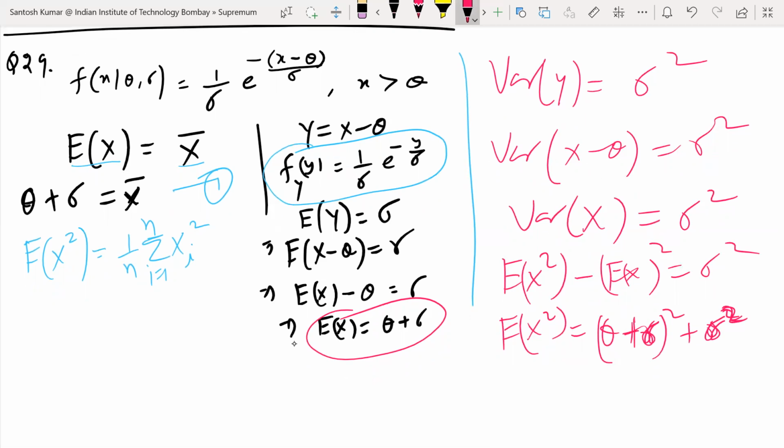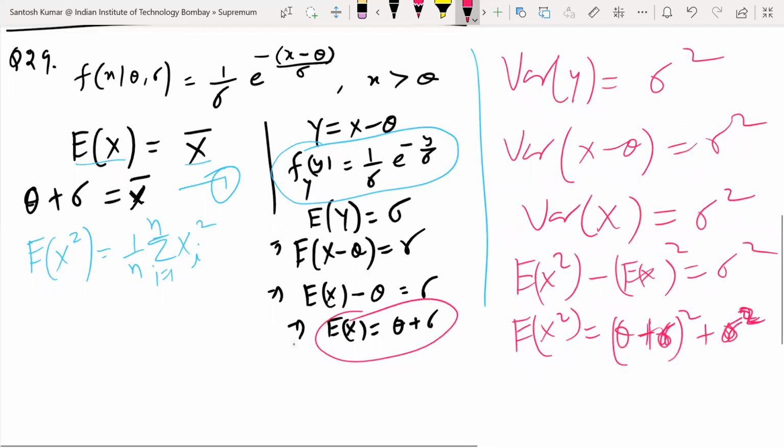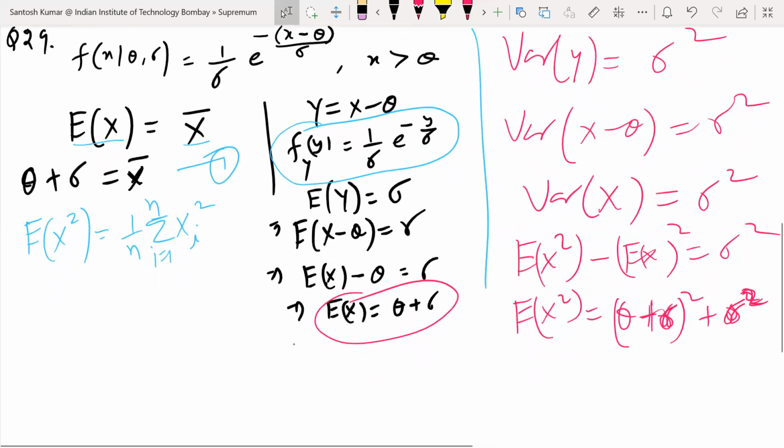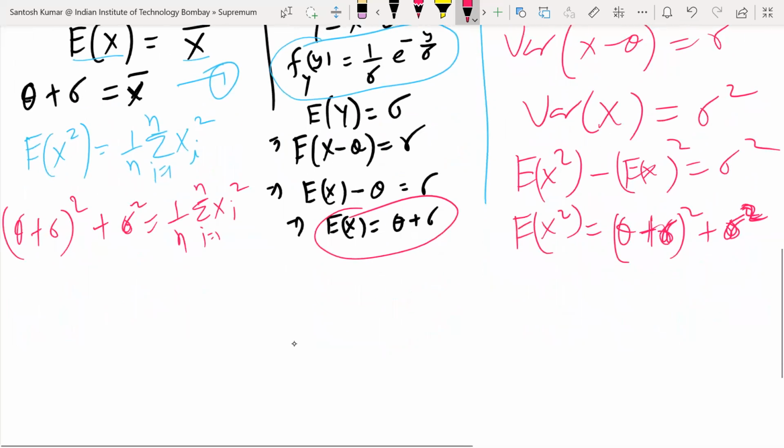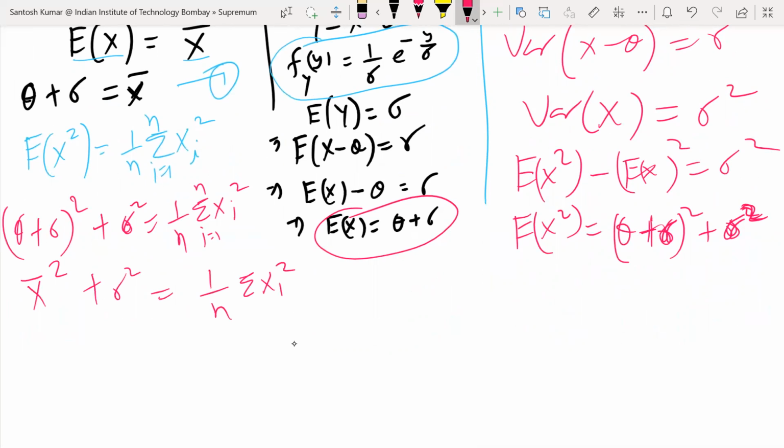We can simplify further. Now we have (theta plus sigma) whole square plus sigma square is equal to 1 by n summation xi square. And from the first relation, theta plus sigma is x bar. So x bar square plus sigma square is equal to 1 by n summation xi square.